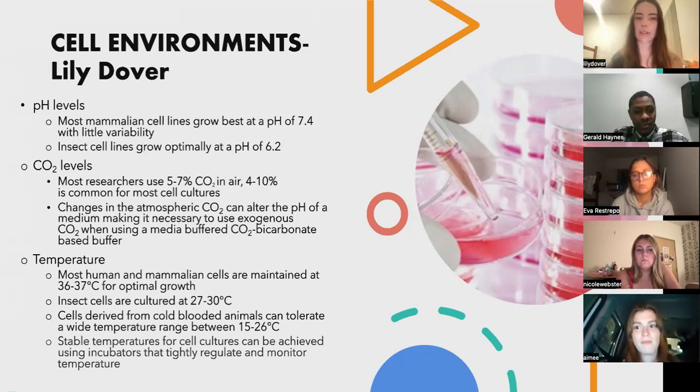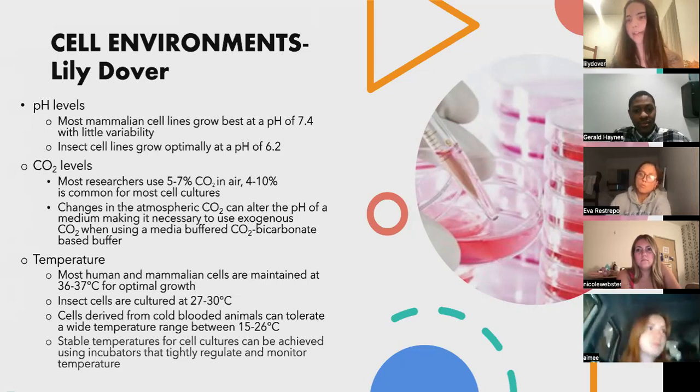Insect cells are cultured at around 27 to 30 degrees Celsius, while cells that come from cold-blooded animals are able to tolerate a wider range of temperatures, like 15 to 26 degrees Celsius. And researchers are able to keep these temperatures accurate and consistent using incubators.